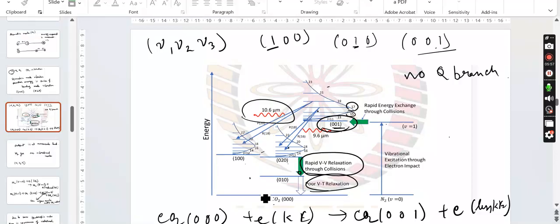Remember, the working we discussed last week is for low pressure.